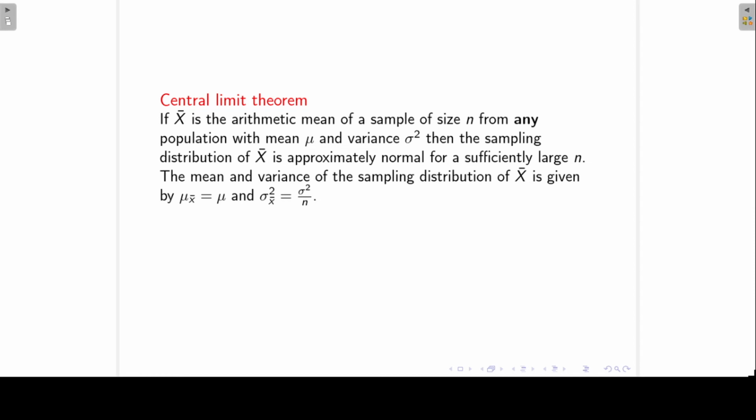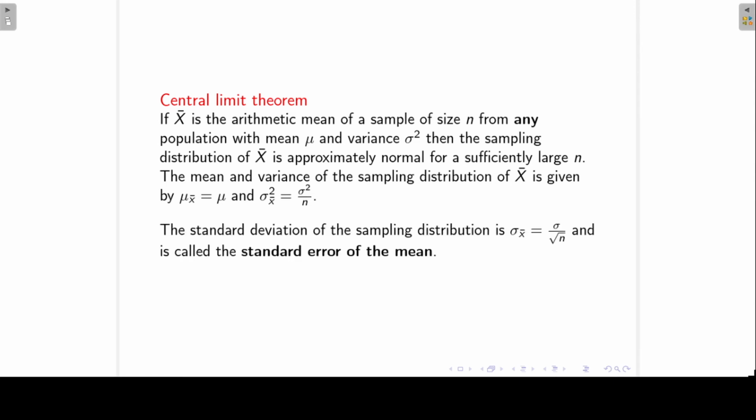The mean and the variance of the sampling distribution of x bar is given by: the mean of the sampling distribution is the same as the mean of the population, and the variance of the sampling distribution is the variance of the population divided by n. Now the standard deviation of the sampling distribution is just the square root, so that will be sigma over square root n, and we call this the standard error of the mean.